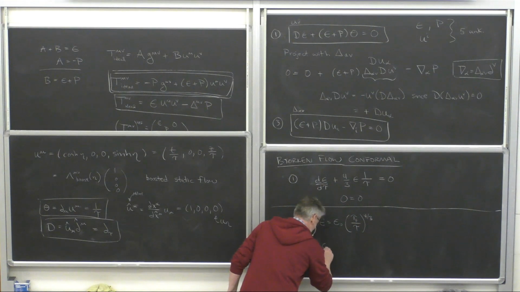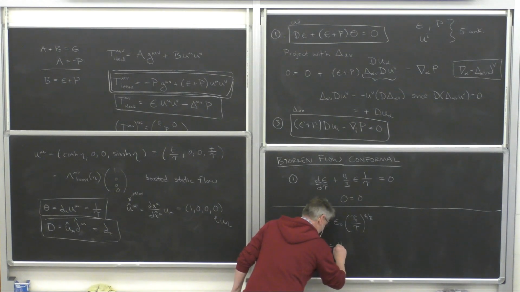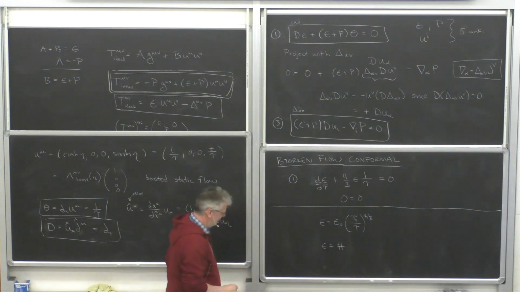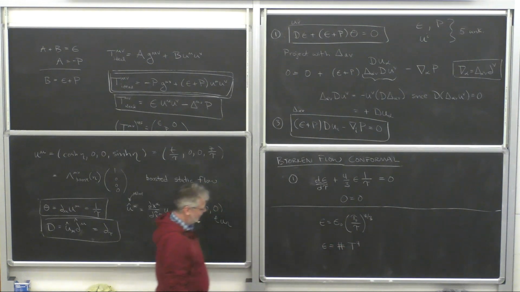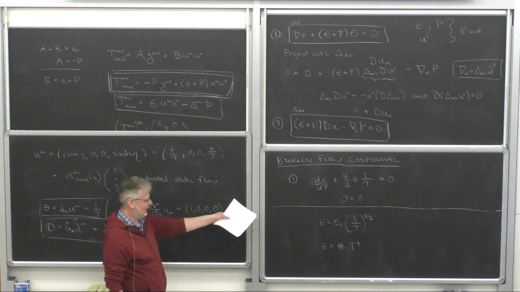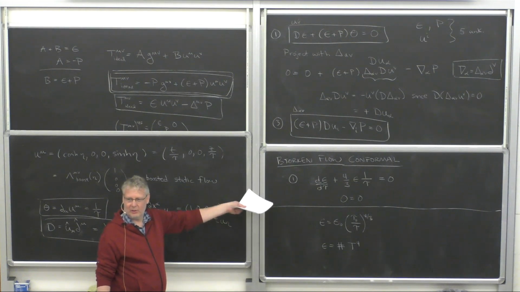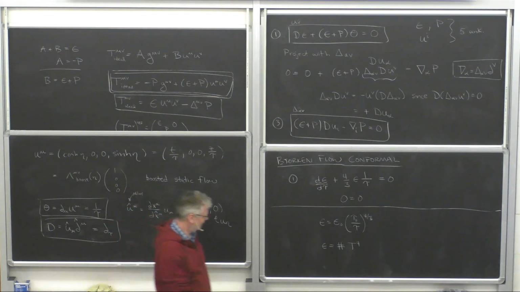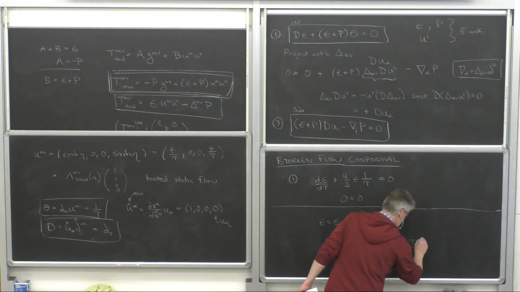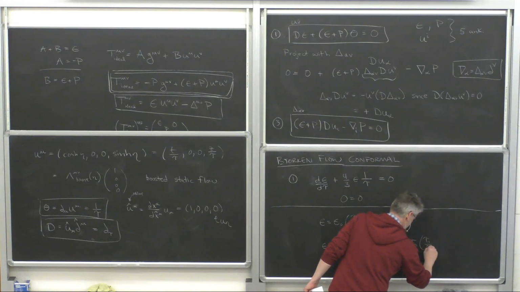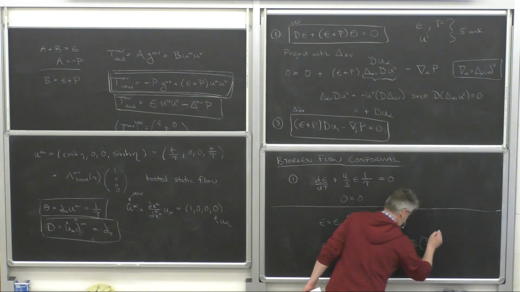And in a conformal system, the energy density can always be written as a number times the temperature to the power 4. So once I know the energy density evolution equation, I know what the temperature evolution equation is. So this tells me that the temperature is T naught, tau naught over tau to the 1/3.